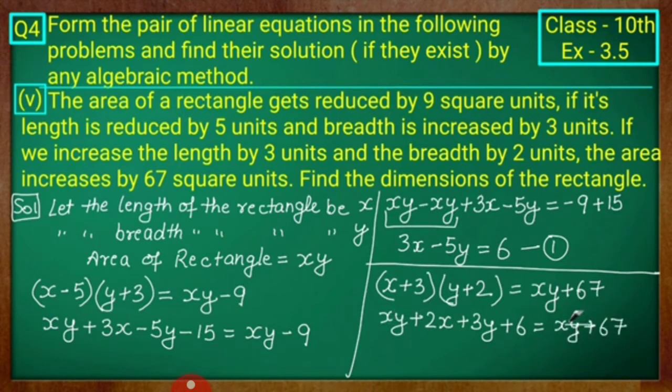Now xy from both sides will be cancelled, so the remaining are 2x plus 3y is equal to 67. We transpose this 6 to the other side, it will be minus 6. So 67 minus 6 is 61. That is equation number 2.